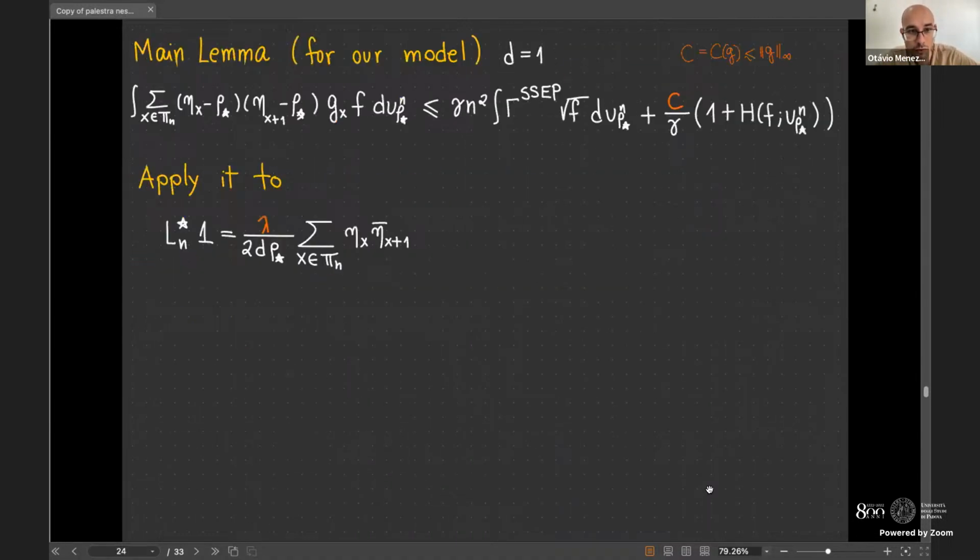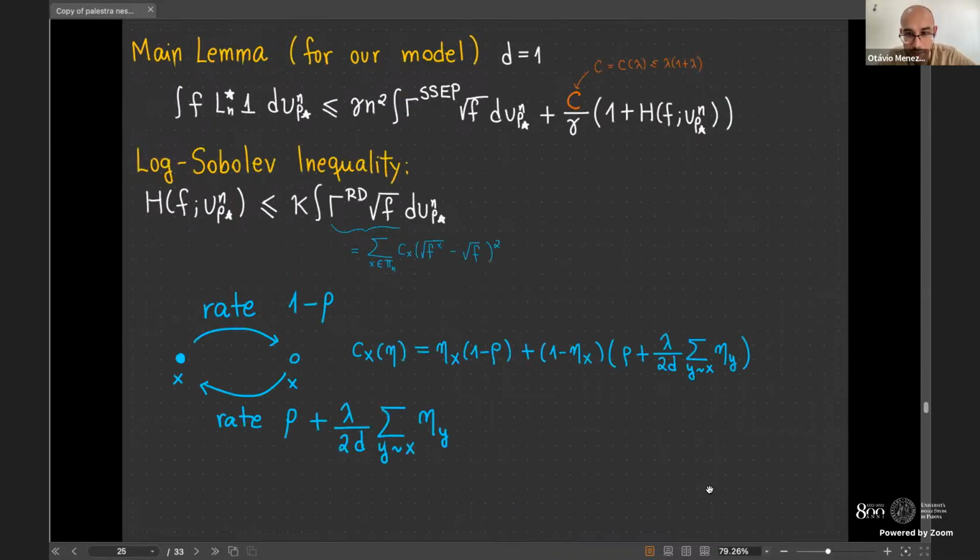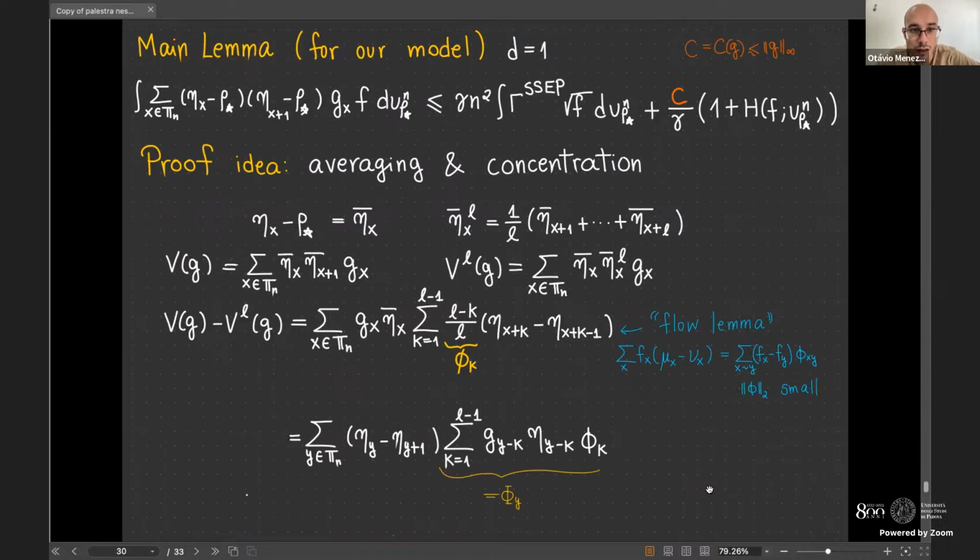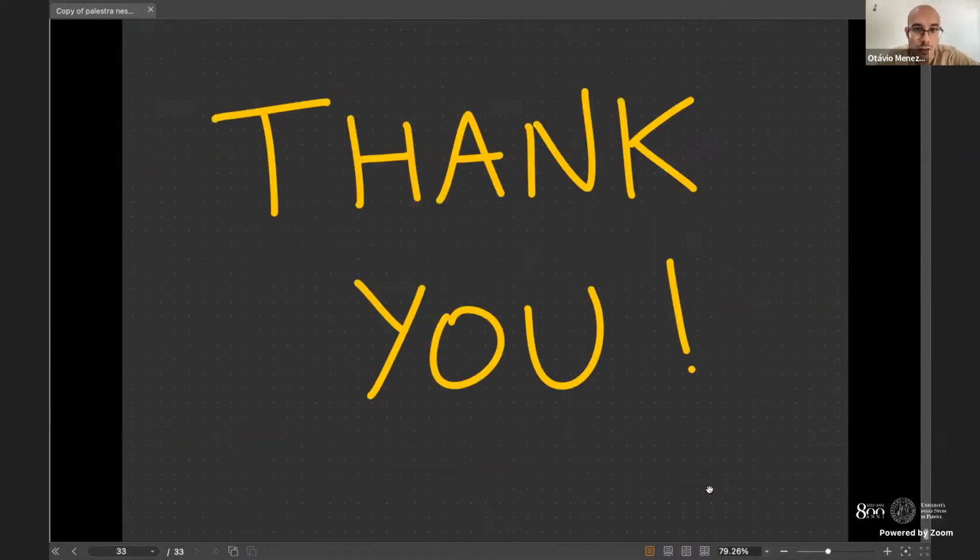This is what we did for our reaction diffusion model. So we were able to show for this specific model that the stationary state is very close to the product measure that you could guess, and then we could prove very precise bounds in this approximation. So I guess that's what I have to say. Thank you very much.